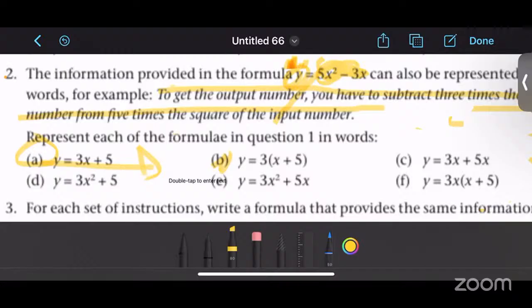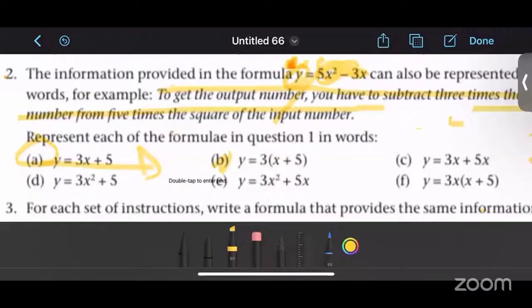No. What you need to do is say, to get the output number, you have to sum x and 5, or you add x and 5 and then multiply by 3.